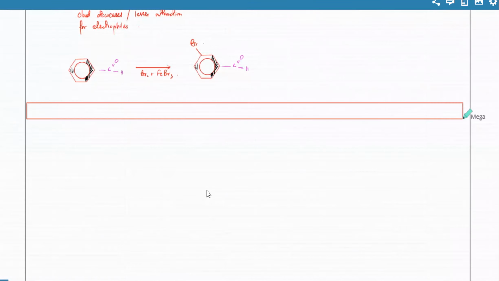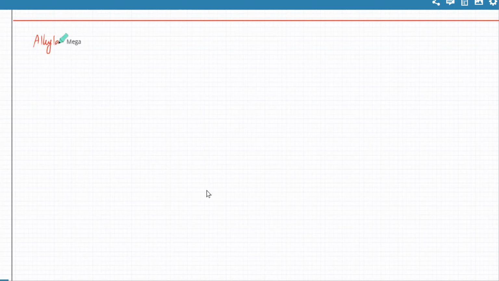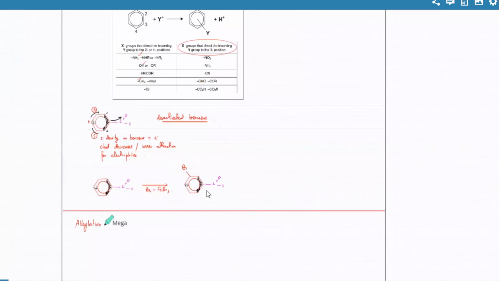You have 2,4,6 directing groups and you've got 3,5 directing groups. Now the next one is known as alkylation and acylation. It's a simple reaction and it's an electrophilic substitution reaction as well. So bromine will attach to carbon number 3 or 5 if you have a 3,5 directing group.